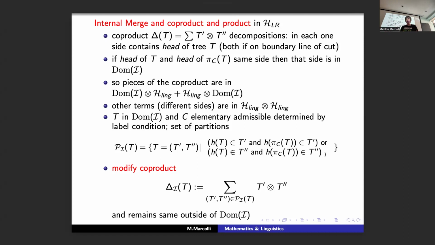And so if I form the product and the coproduct, in both cases, what you do is you split your tree into structures. In the case of the coproduct, you split it along these paths, and in the case of the product, you again split it and you plug it into the other tree. And when you split these trees along these paths, what happens to the head of the substructures depends on where your cut is going. They can all go into one side, or all go into the other side, or go one on one side and one on the other side.